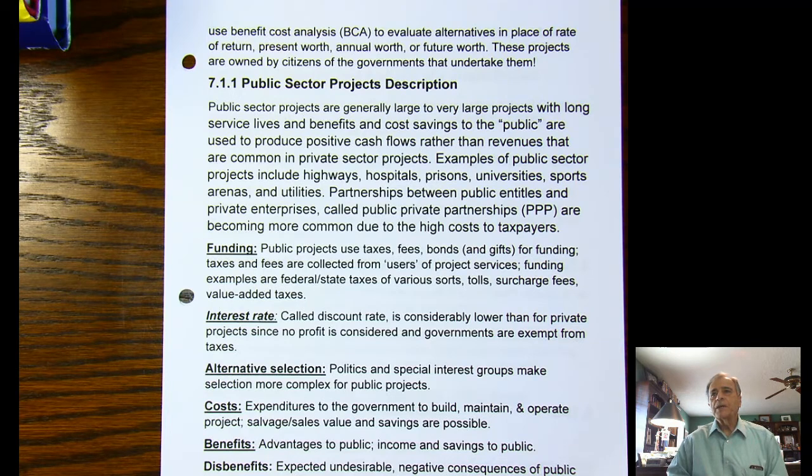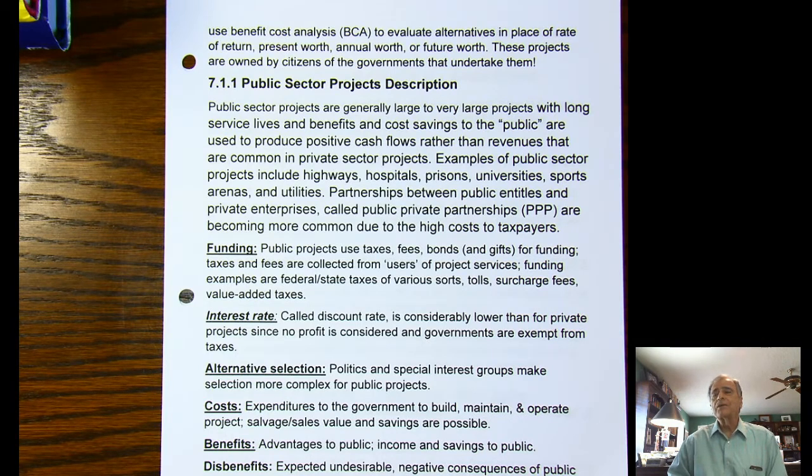So in public sector projects, another factor that's different generally from private sector projects is the interest rate is much lower, generally speaking, because there's no profit motive, number one, and also public sector entities do not have to pay taxes.